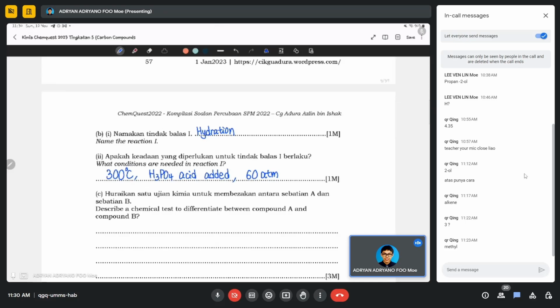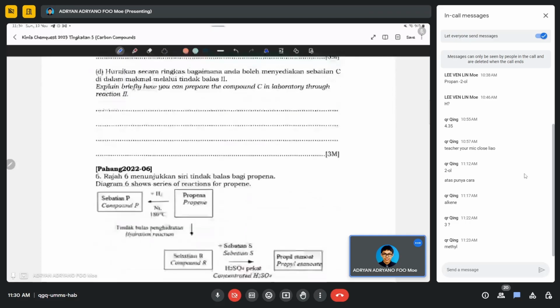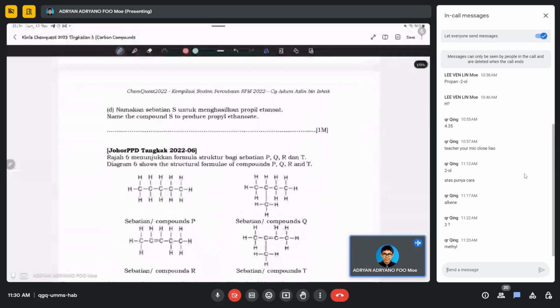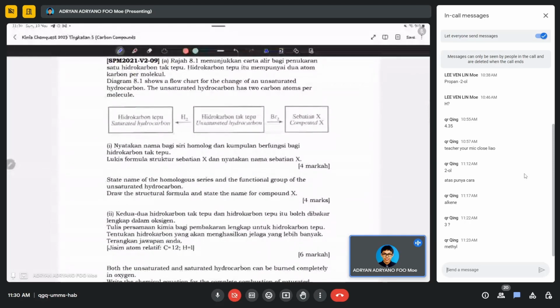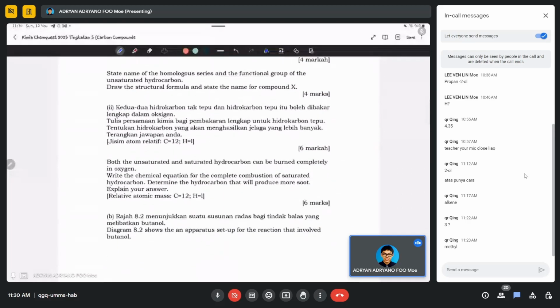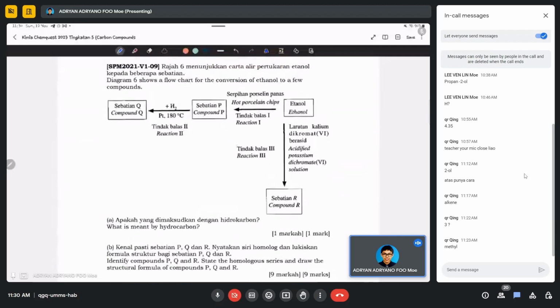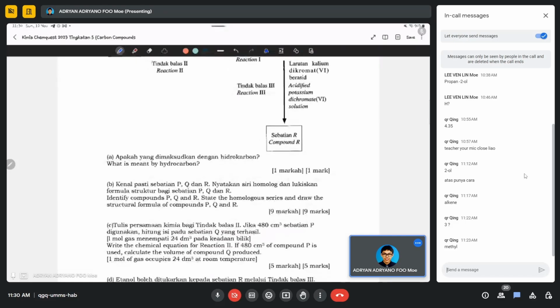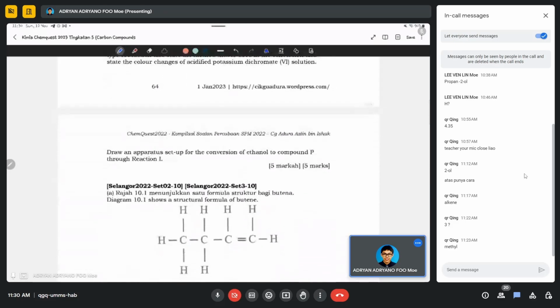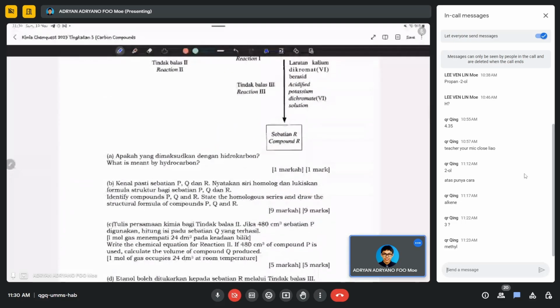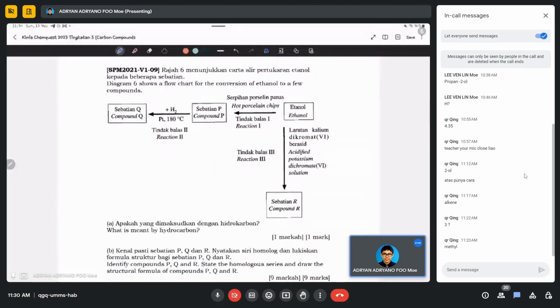You can read through the lecture notes, the class notes. We did a lot of structure questions. Let's look at an essay question like this. An essay question actually gives you marks, so you don't need to draw it like this. Okay, we do this SPM question, and after we finish it we will end the class today.